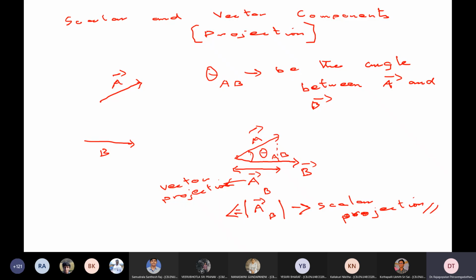Okay, so how do I do this? There are two formulas which I will give you.